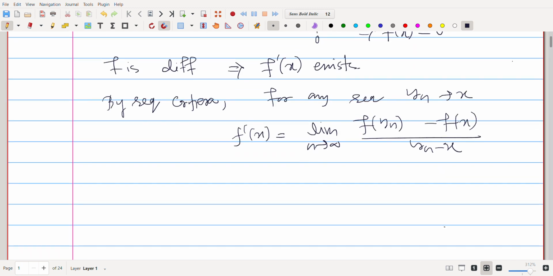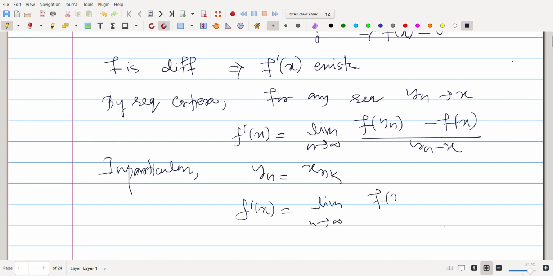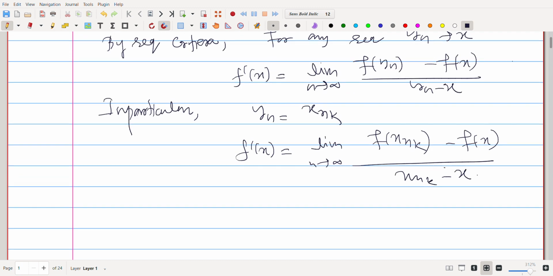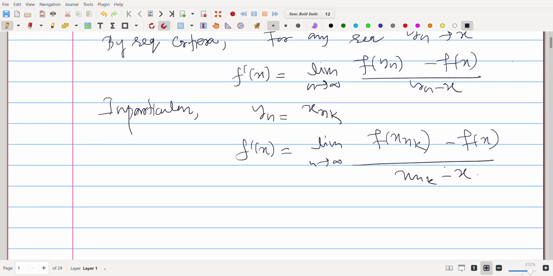In particular I can choose y_n to be our x_{n_k}. Then f prime of x equals the limit of (f of x_{n_k} minus f of x) by (x_{n_k} minus x). Now f of x_{n_k} is 0, f of x is also 0, so f prime of x is 0.